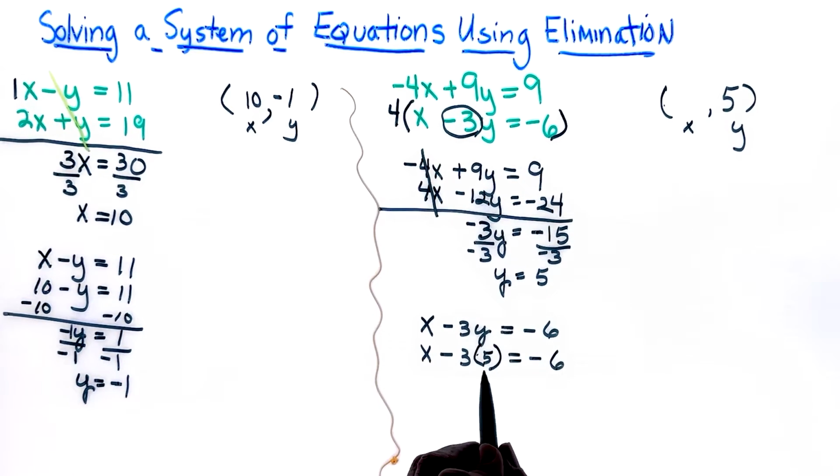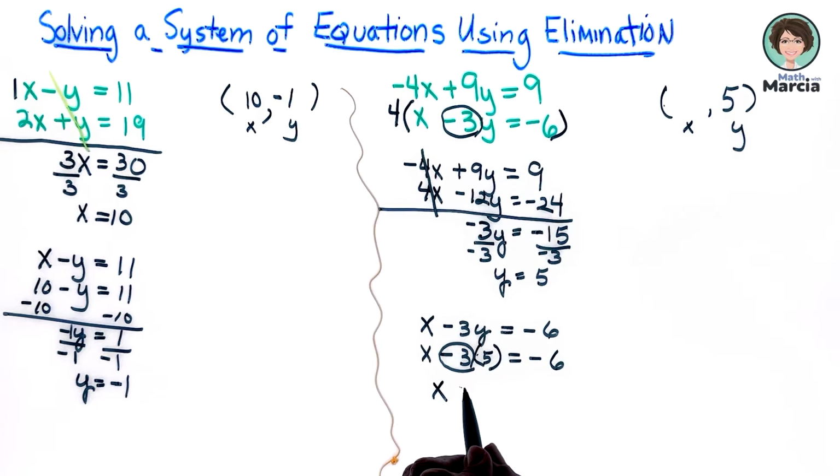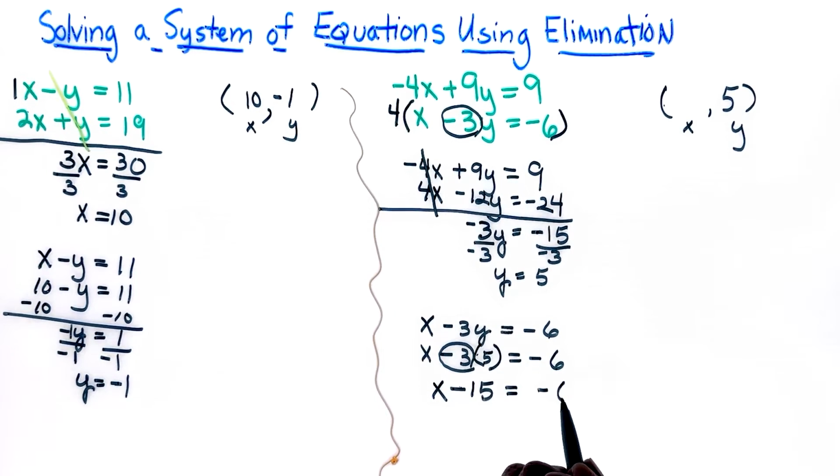We know we have to multiply, and when we multiply, be sure to catch that subtraction sign. So x, I'm copying down, and now I'm going to multiply this. It's a -3 times a 5 is a -15, and I'm writing -15 is equal to a -6. Again, I see I need to get my x by itself, so the opposite of -15 is +15.